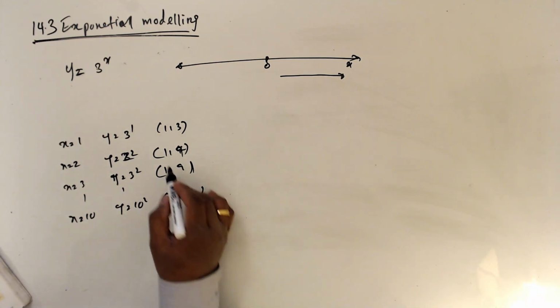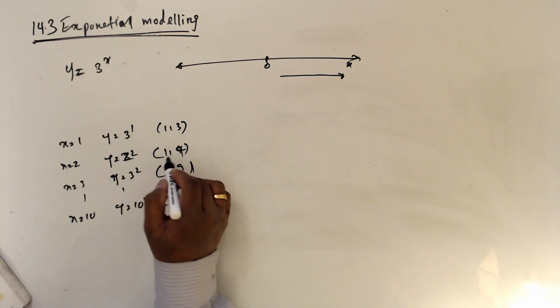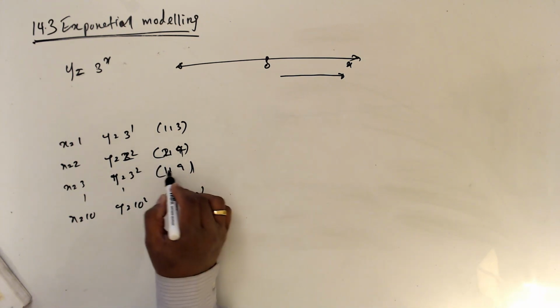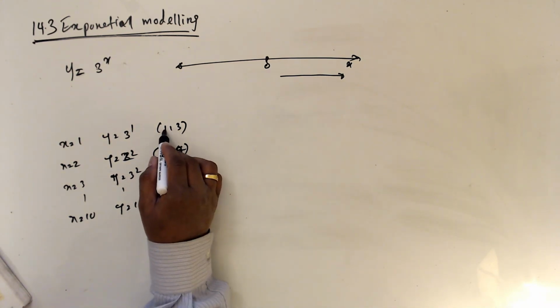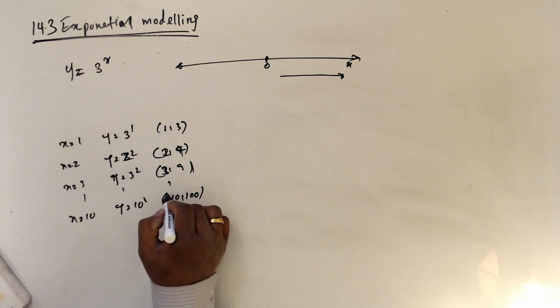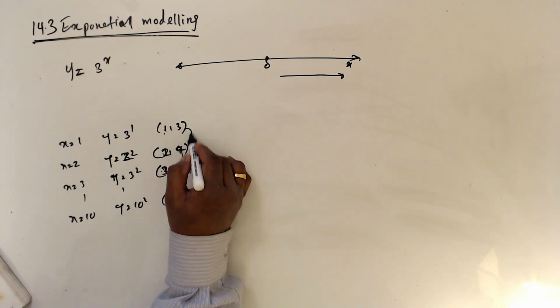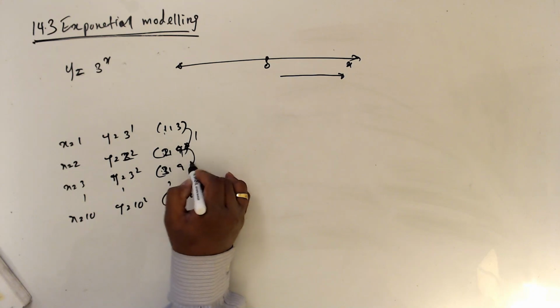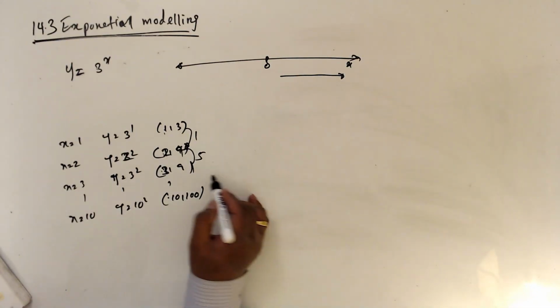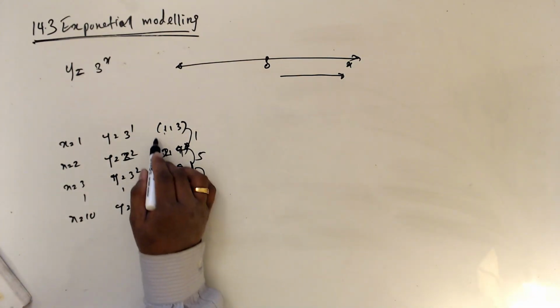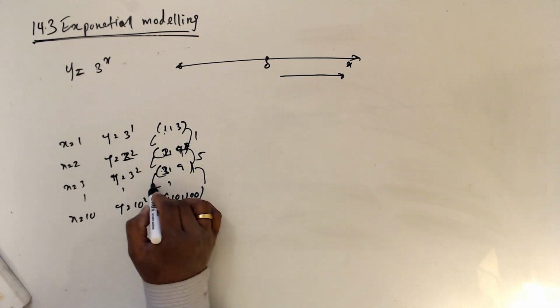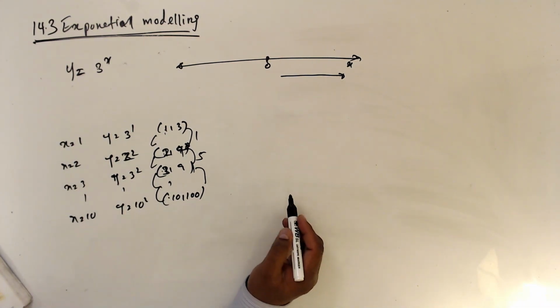When x is 1, 2, 3, it increases 1 by 1 here, so this jump is 1, while this jump is 5. Likewise, y jumps very fast relative to x.